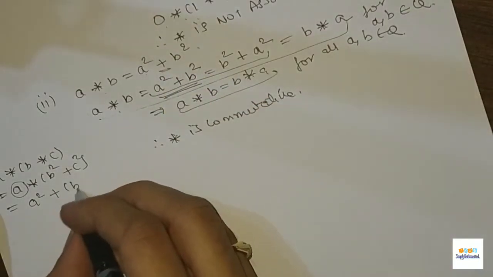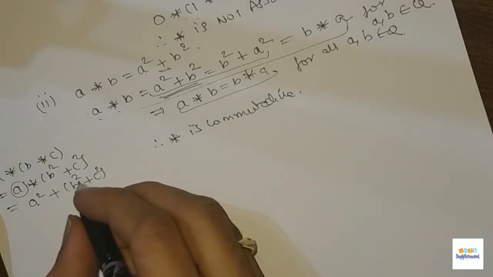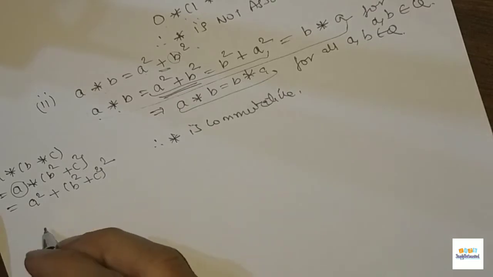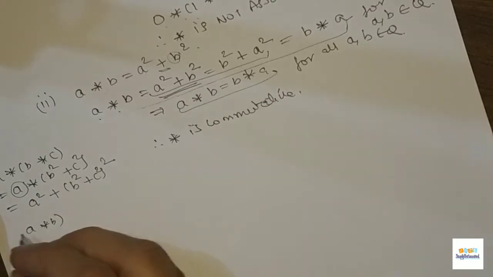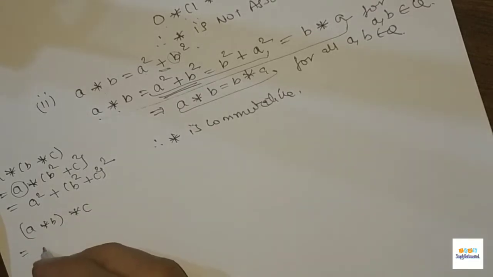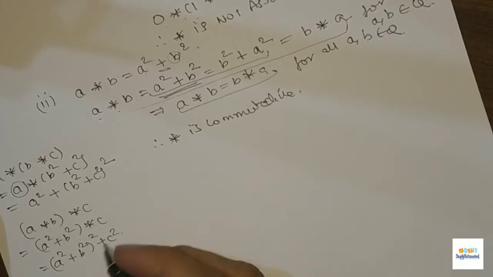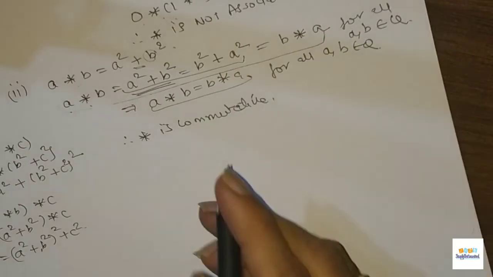And (a star b) star c will be (a square plus b square) star c, which is (a square plus b square) the whole squared plus c square, okay. These two are different, you can see, but we have to show it using examples, okay.